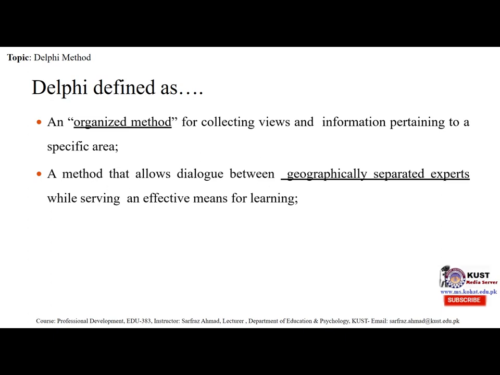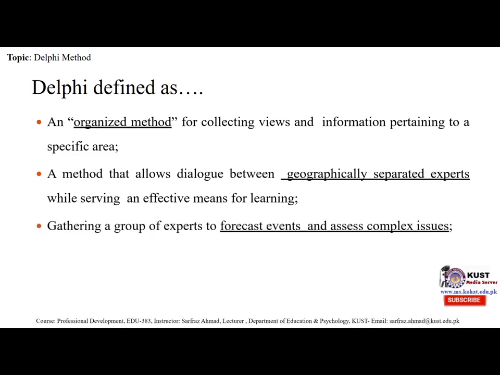The Delphi method was originally conceived in the 1950s by Olaf Helmer and Norman Dalkey of the RAND Corporation. The name referred to the Oracle of Delphi, the priestess at the temple of Apollo in ancient Greece known for her prophecies. It involves gathering a group of experts to forecast events and assess complex issues.